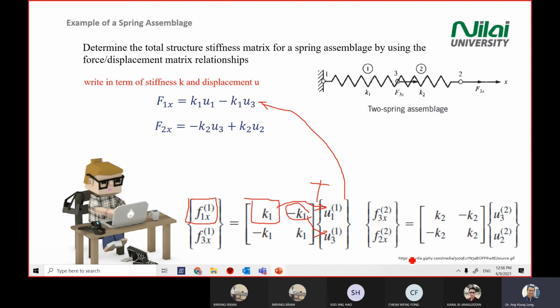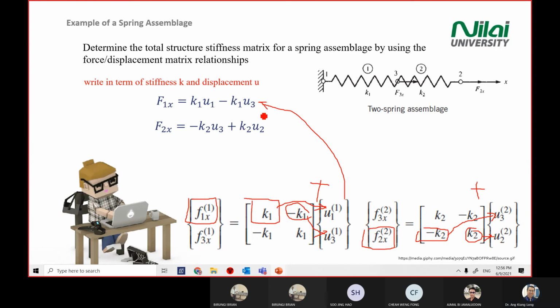Then f2x you derive from here: this one times this one plus this one times this one.